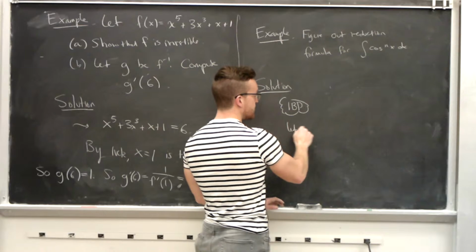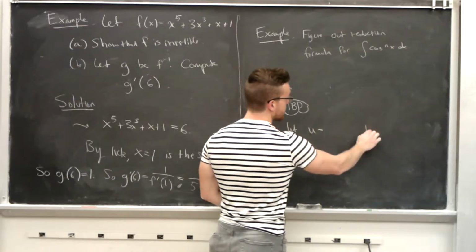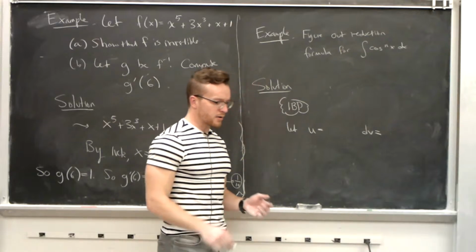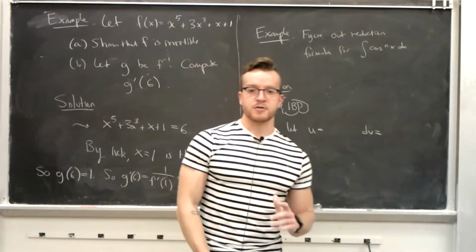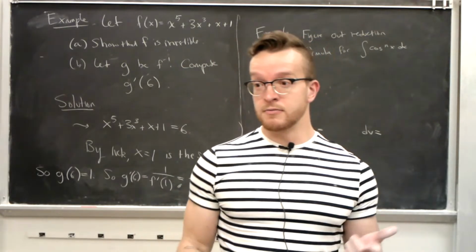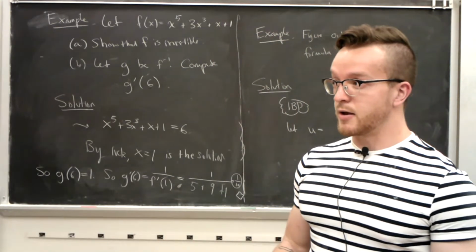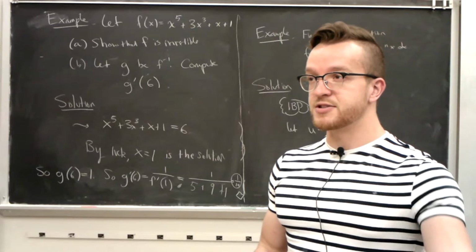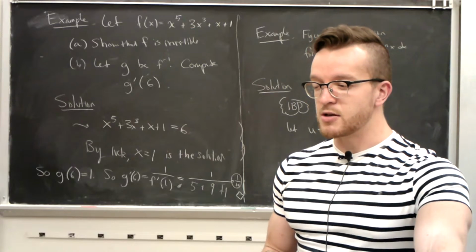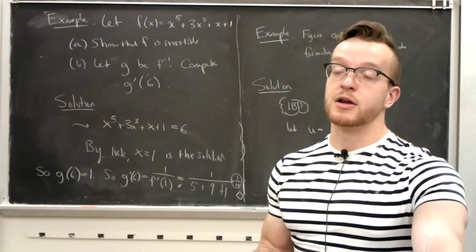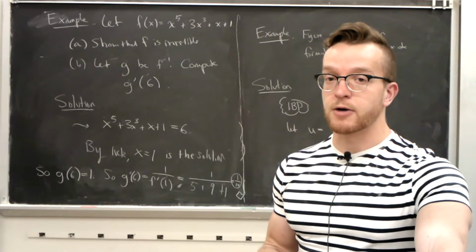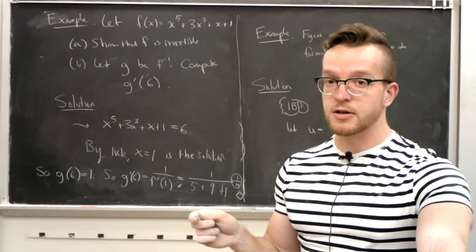Which means I need to call something u, and I need to call something dv. Now, what am I going to call dv? First of all, it has to be something that I know how to integrate. And I have n copies of cosine. What could I integrate? To me, the most natural thing to integrate is cosine. So if it were me, I would probably call dv cosine.